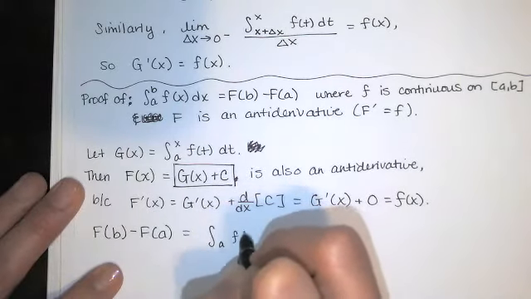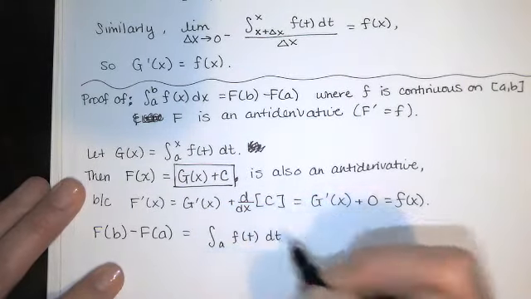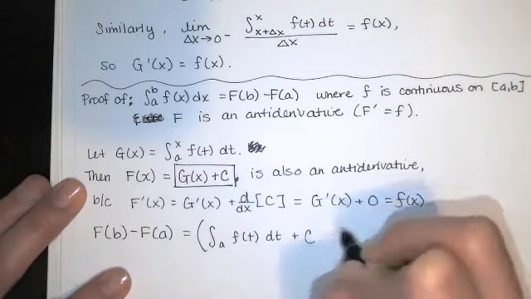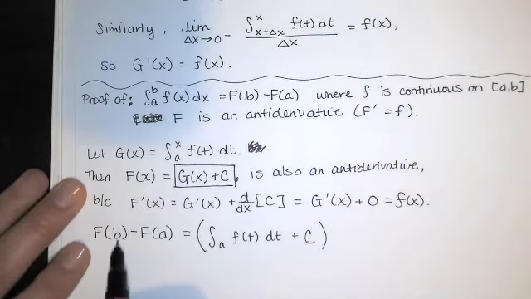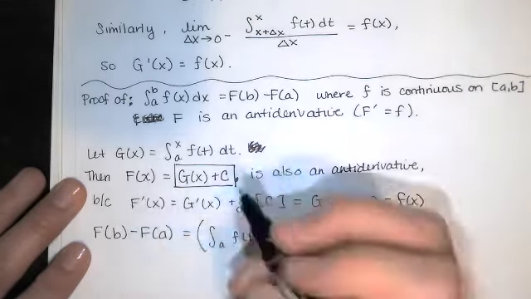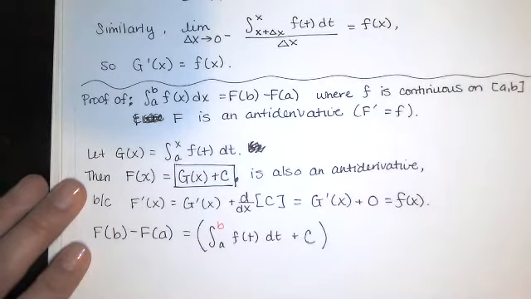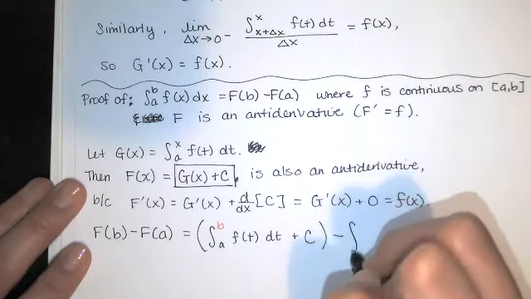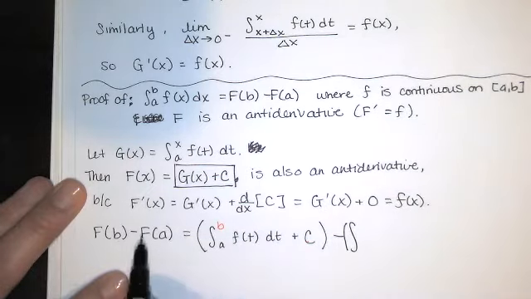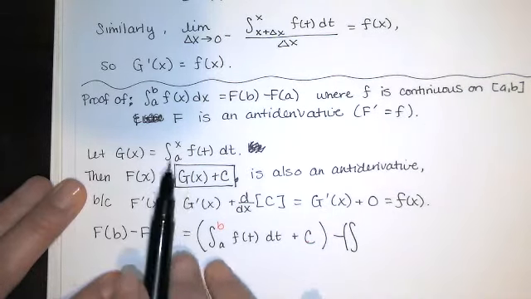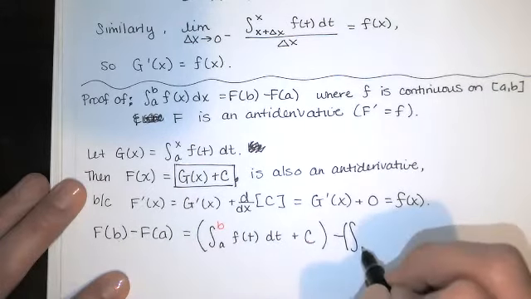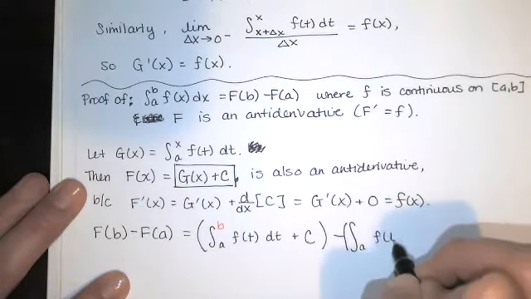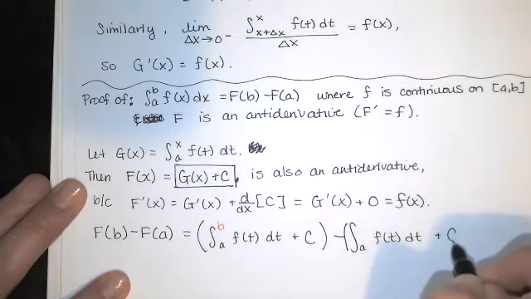I've got the integral from a to x of f of t dt plus c, but I'm replacing x with b, so I substitute that in, minus f evaluated at a. Well, it's going to be g evaluated at a plus c. So we have the integral from a to a of f of t dt plus c.